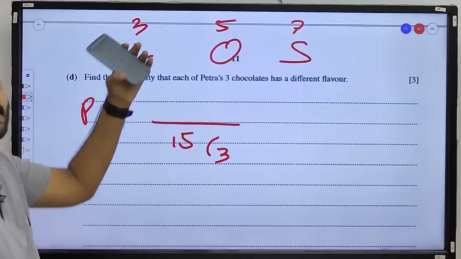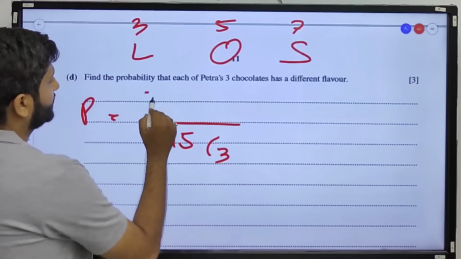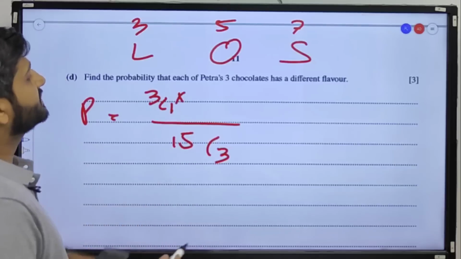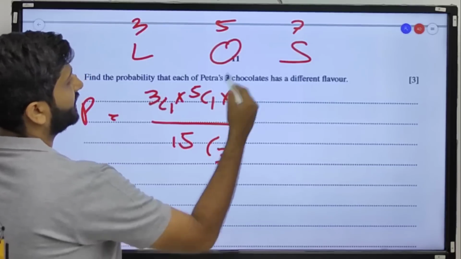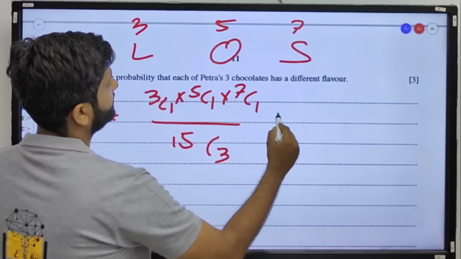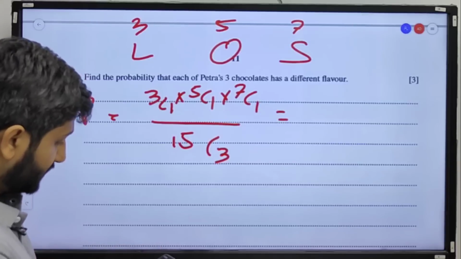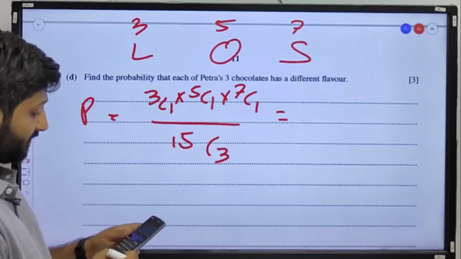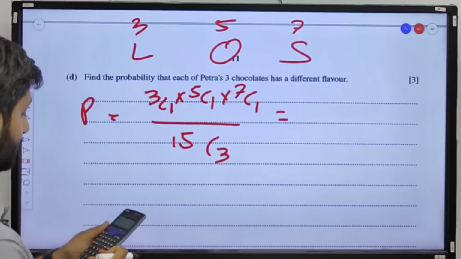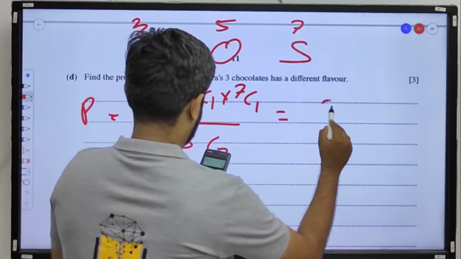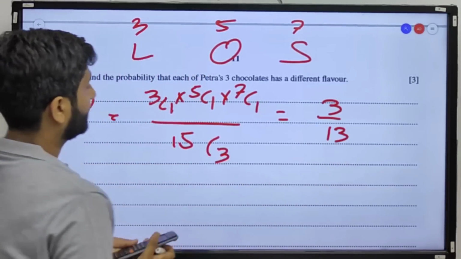Let's say the first is of lemon flavor, so 3C1. Second is of orange flavor, 5C1. And third is of strawberry flavor, 7C1. So 3C1 into 5 into 7 divided by 15C3. This is 3 upon 13.